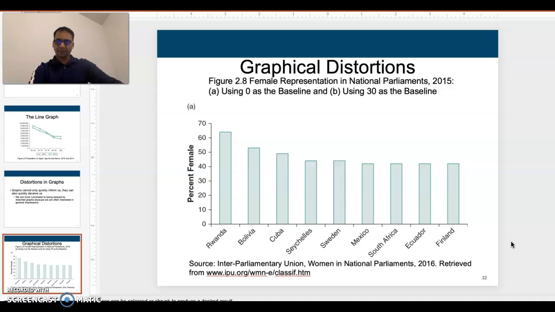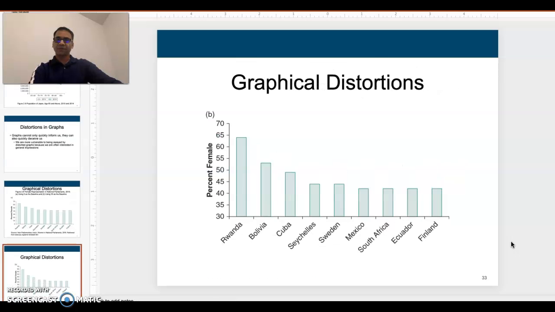It looks like there is not much variation across the countries, except Rwanda has a little bit higher representation. However, when you look at the same information presented differently in this other bar graph, you can see there is drastically low representation in many countries as compared to Rwanda and Bolivia.